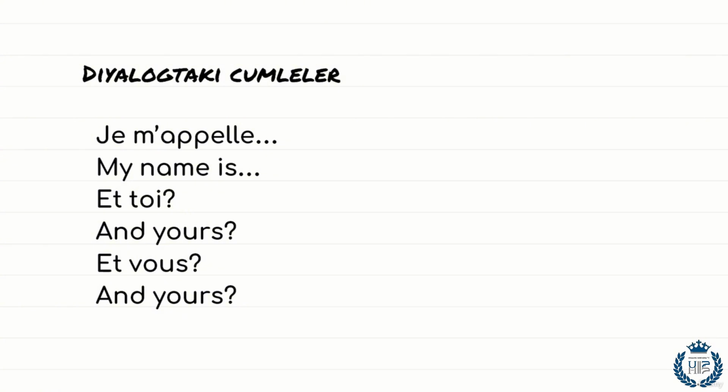In English we just say you; we don't really have a different word for that. But in French, if you want to be respectful, you use the formal version of you, which is vous. Et vous? So for people that you meet for the first time, you should be using vous. But if it's your friend, you can use et toi.